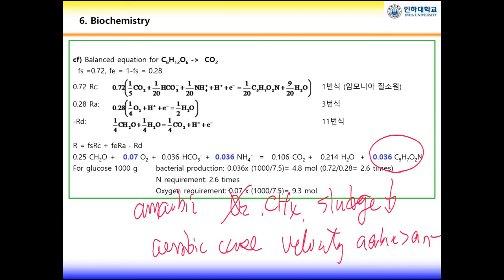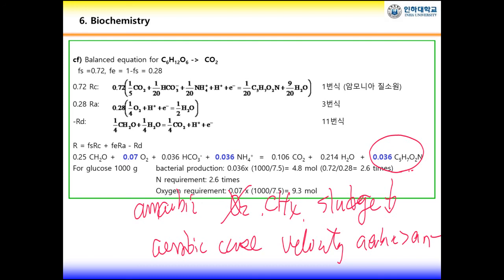So this sludge production may be interpreted in two ways. Just for the management of sludge cost or expenses, the anaerobic process is much better. But more sludge means better stability of the process.